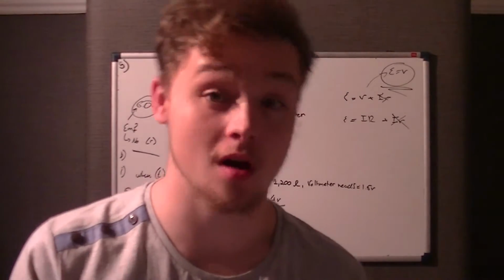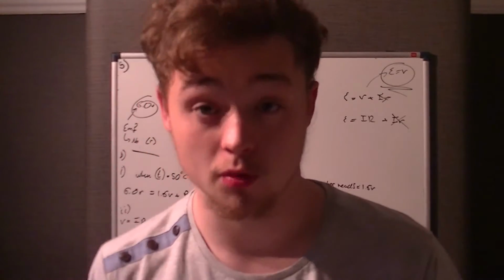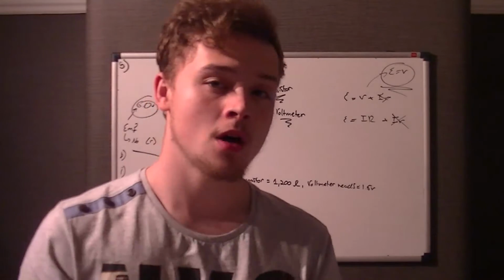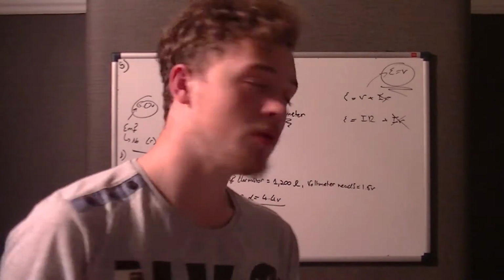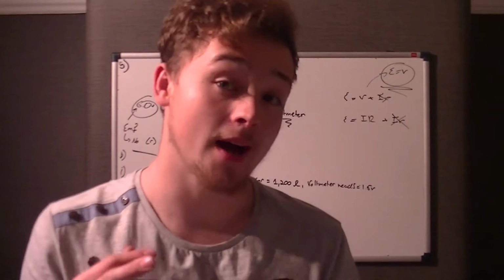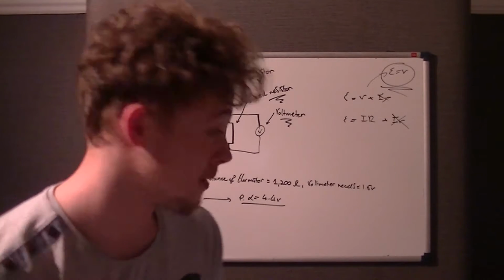As V is equal to IR, we said the EMF was equal to the potential difference when there is no internal resistance. However, that R is for the whole circuit, and we don't know the resistance of this fixed resistor. The only purpose of it being there was to enable us to work out the potential difference across the thermistor.